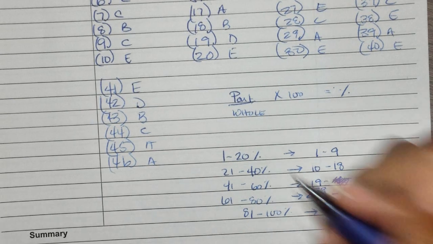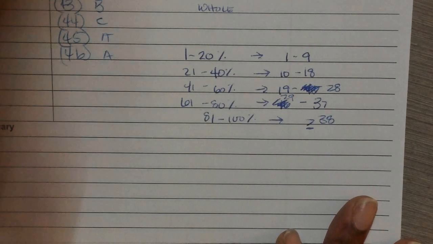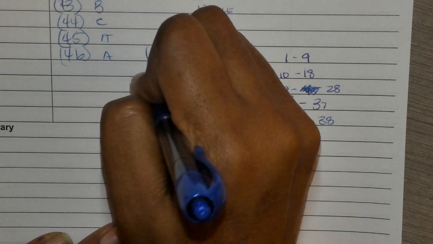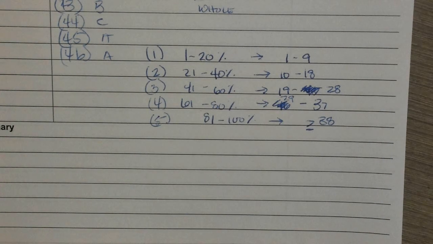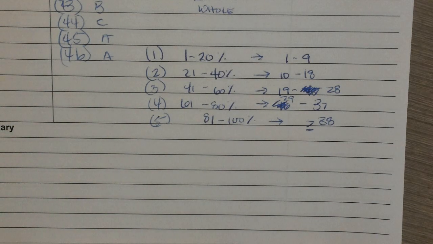All right, so let's do this. Looking at your score, figure out what's a 1, a 2, a 3, a 4, a 5. So if you got somewhere between 1 and 20%, then you got a 1. That means you got somewhere between 1 and 9 right.